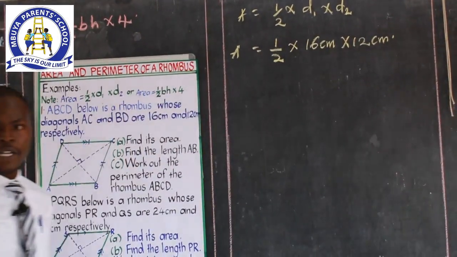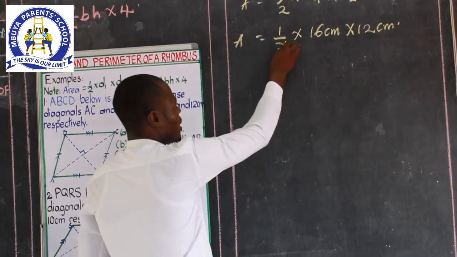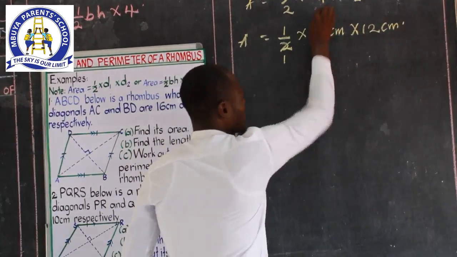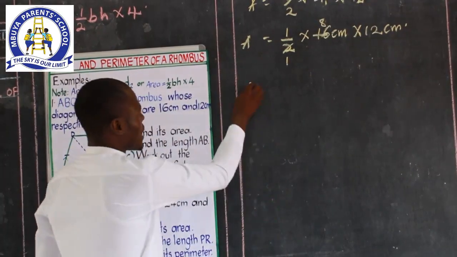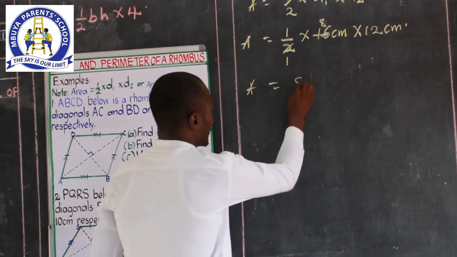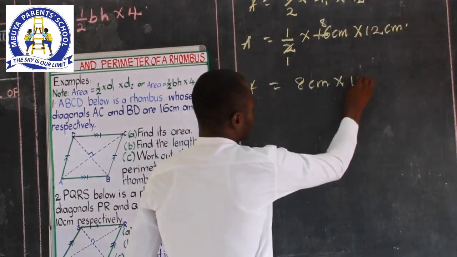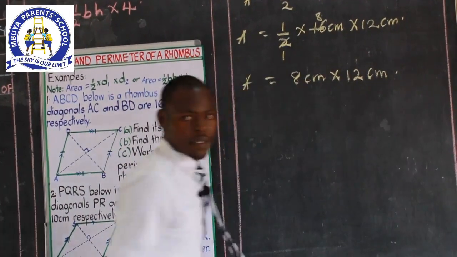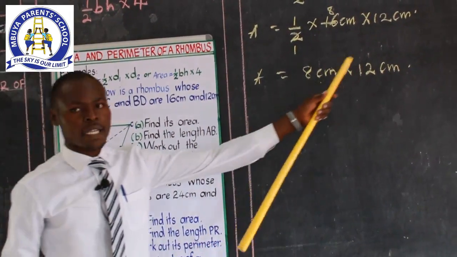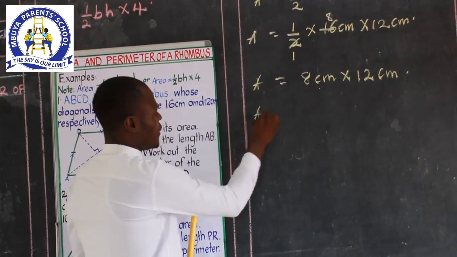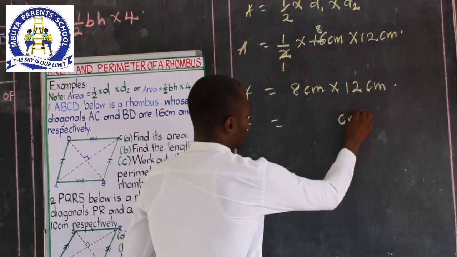We go ahead and reduce by 2: it is a 1, and 16 becomes 8. So we shall have area giving us 8 centimeters times 12 centimeters. Multiplying centimeter times centimeter will give you a centimeter squared.